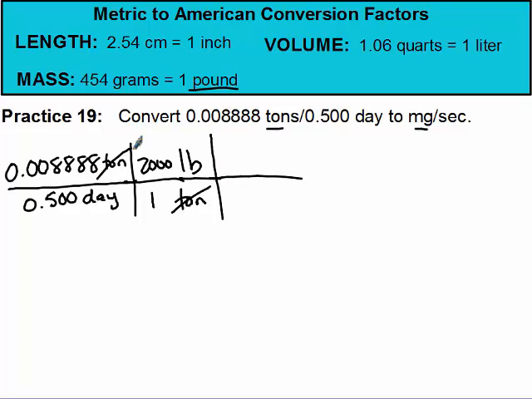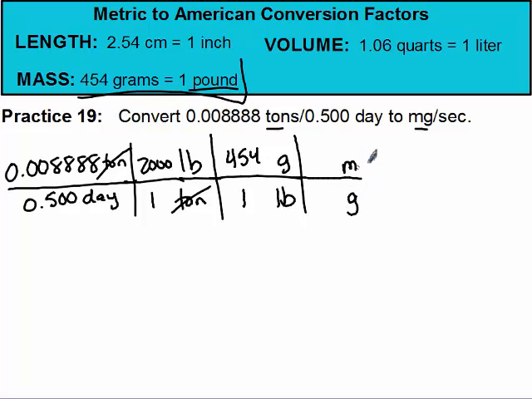And now that we're at pounds, we can go to grams. And now that we're at grams, we can go to milligrams. One goes with the prefix, milli, 1 times 10 to the negative third.